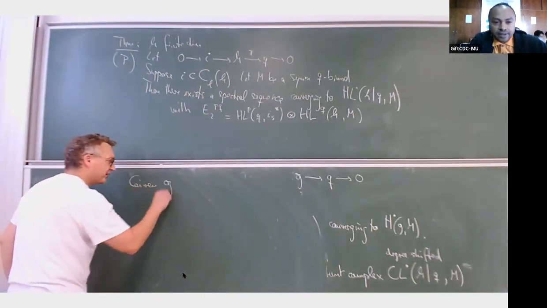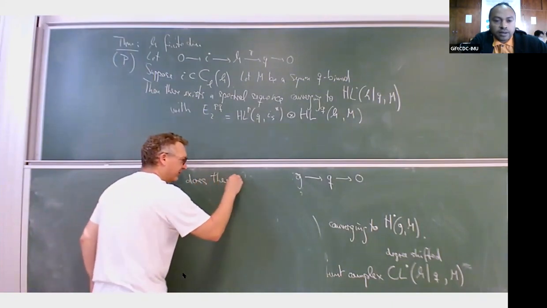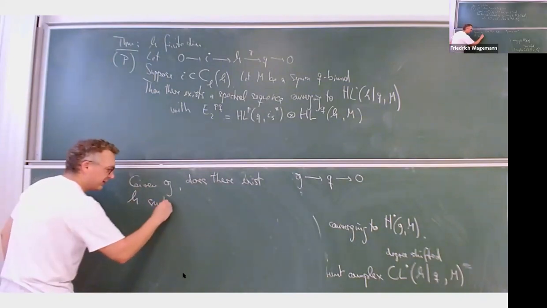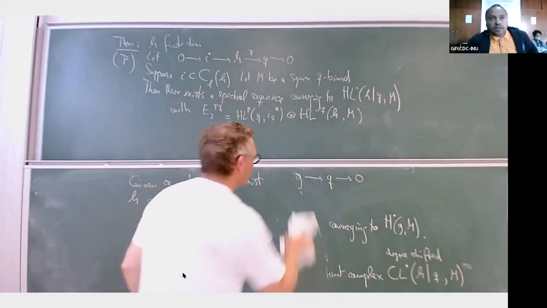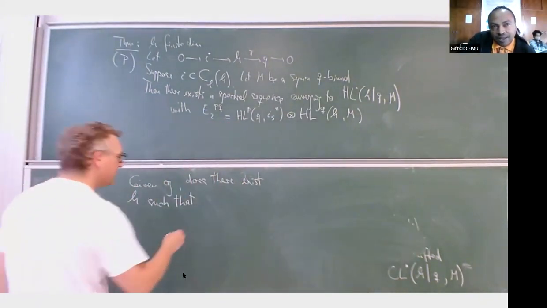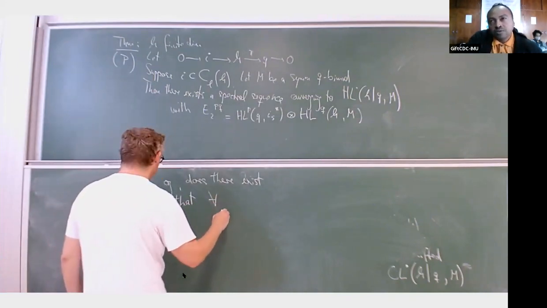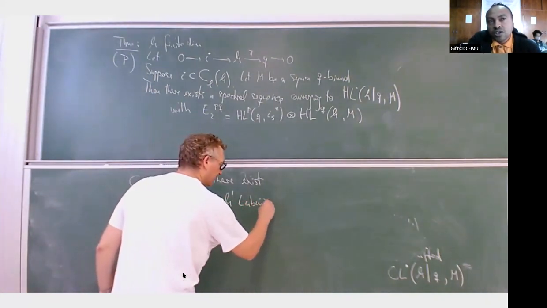Does there exist H such that, if we have a Leibniz algebra H, there exists H Lie algebra.